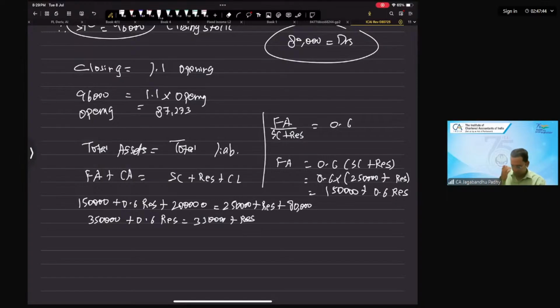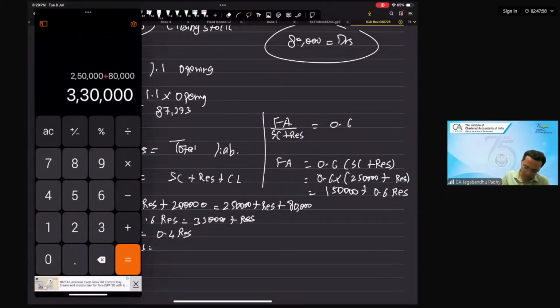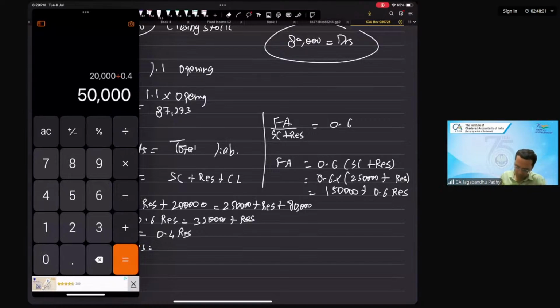Taking all reserves on one side, we can say here it is 20,000 equal to 0.4 reserves. So reserves will be 20,000 divided by 0.4, which is 50,000.